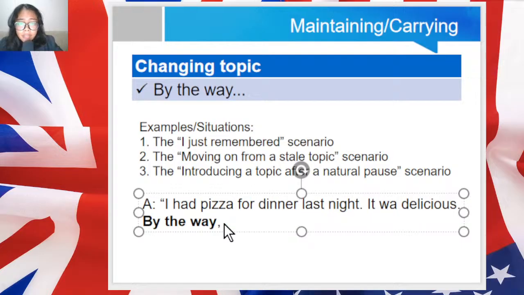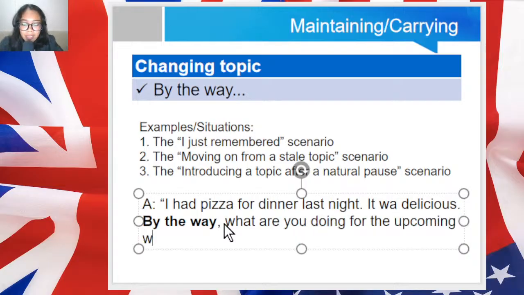The first topic is on last night's dinner, and then the new topic is plans for the upcoming weekend. So let's just say, "I had pizza for dinner last night. It was delicious. By the way, what are you doing for the upcoming weekend?"